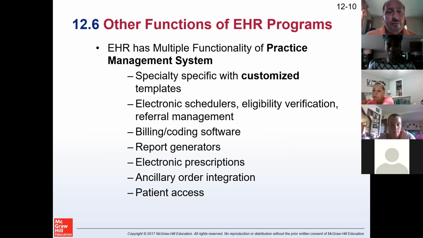So in the electronic health record, the practice management system, you're going to pick customized templates. I do know when you start to customize systems, they call it the GUI. When you start adding things on your screen pages that are specific, like logos.